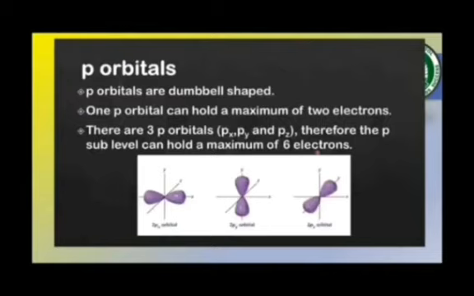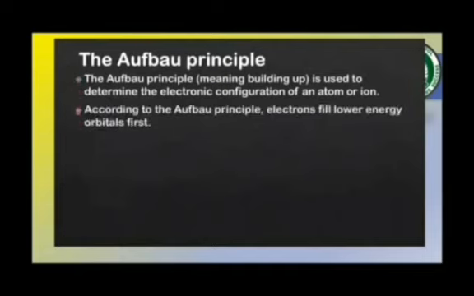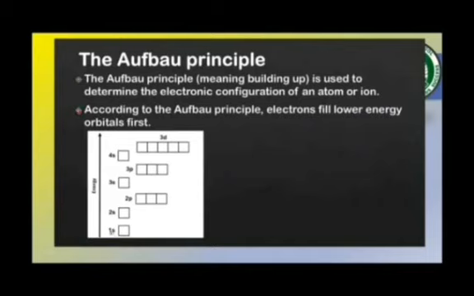Let's see how. The Aufbau principle, meaning building up, is used to determine the electronic configuration of an atom or ion. According to the Aufbau principle, electrons fill lower energy orbitals first. Here you can see the energies of the atomic orbitals, starting with the lowest energy, that's the 1s atomic orbital.